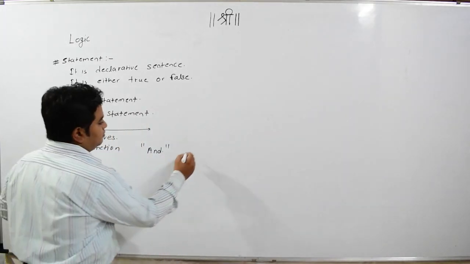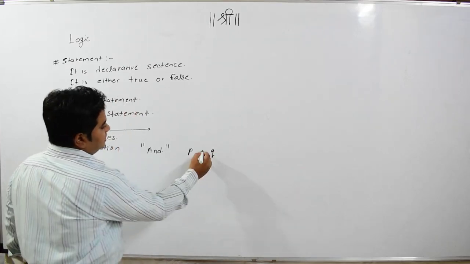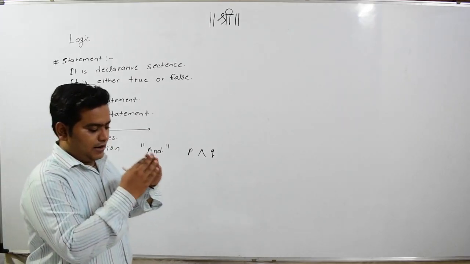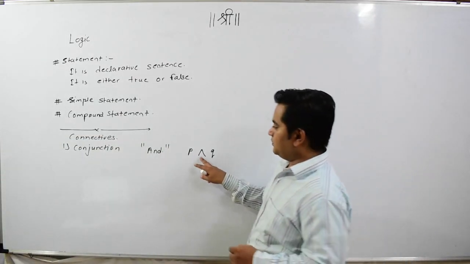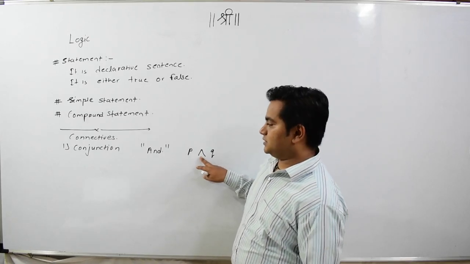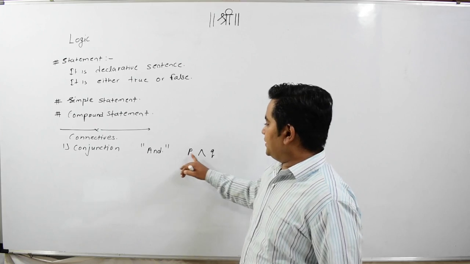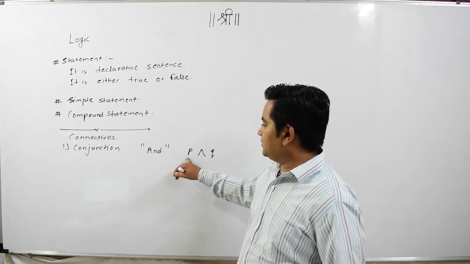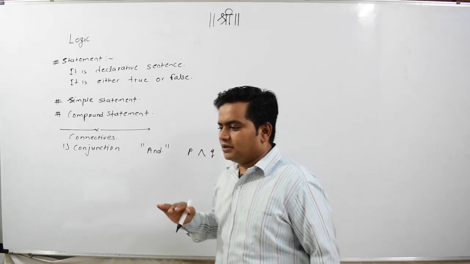If there is a statement P and a statement Q, we can represent this by this symbol, and this symbol represents the conjunction of statement P and statement Q. A simple statement can be represented as P, Q, R, S. So we can give them names.